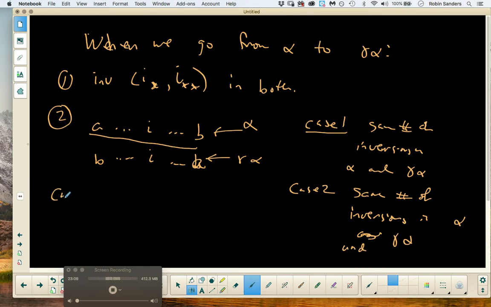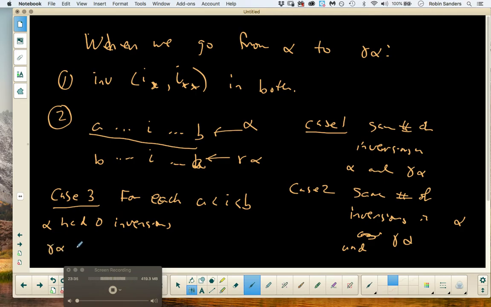And in case 3, what we noticed was that for each I that was between A and B, alpha had 0 inversions, and alpha followed by gamma had 2 inversions.